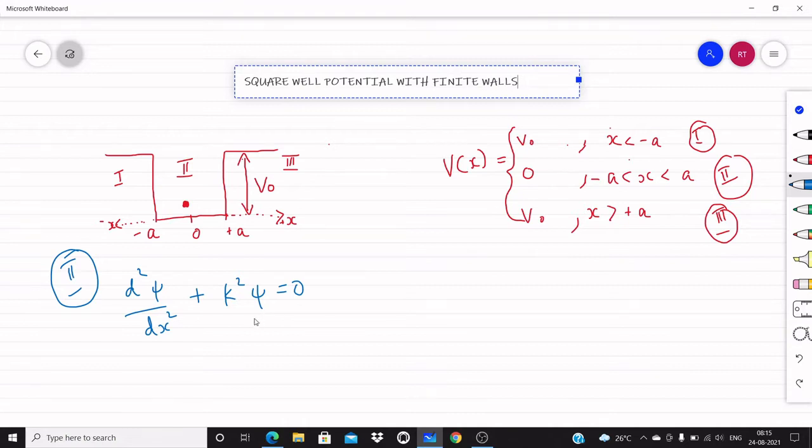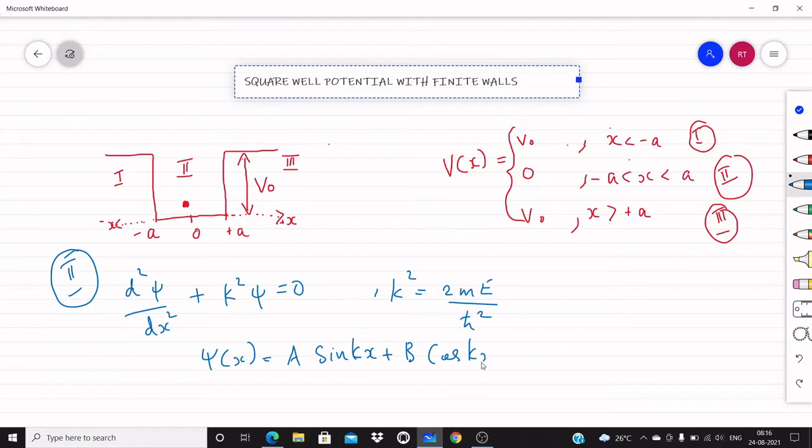As you remember, the value of k square is equal to 2mE by h cut square. Once we have this kind of equation, the possible solution is, as we have considered in the case of particle in a box, psi of x is equal to A sin kx plus B cos kx. So this is the situation in region 2.